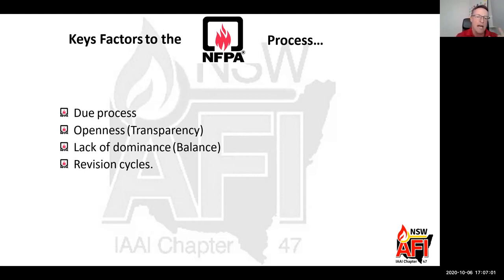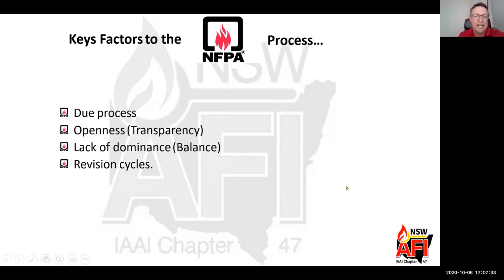They have people from different parts of the industry on the committee, all giving their input into the peer review process for each cycle. And at the end of that, hopefully, the document is as good as it can be. And because it's being updated every 3 years, there is new and better information coming out of it. That's the goal of NFPA. They're trying to improve the system by having that transparency and balance.